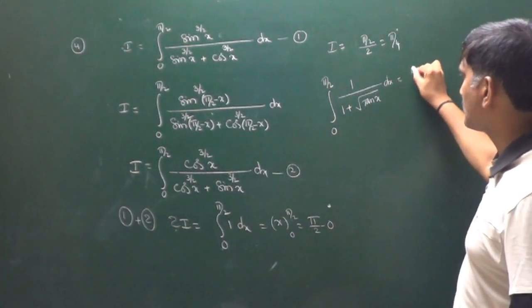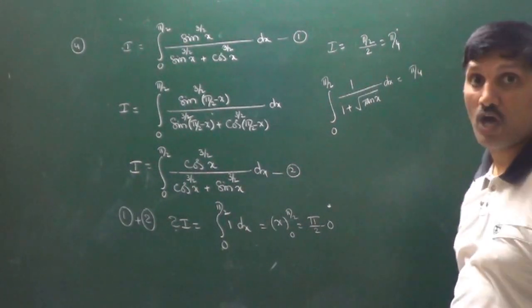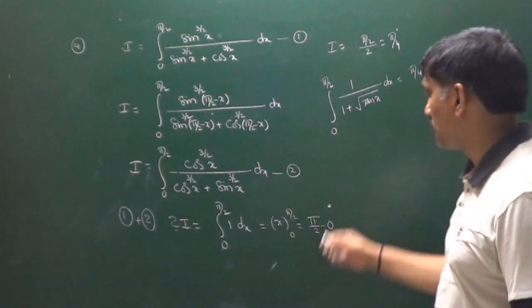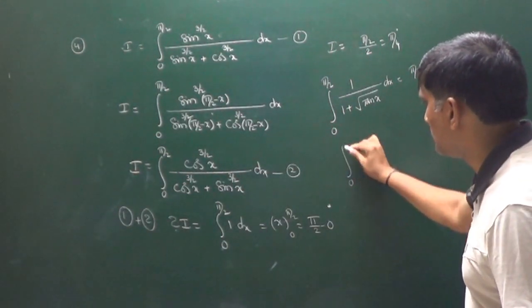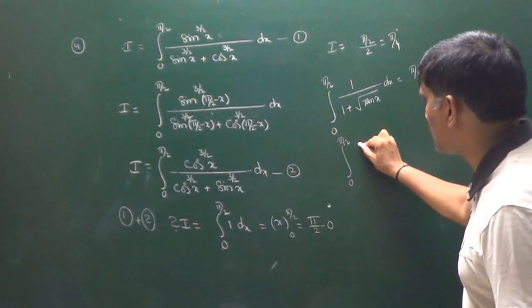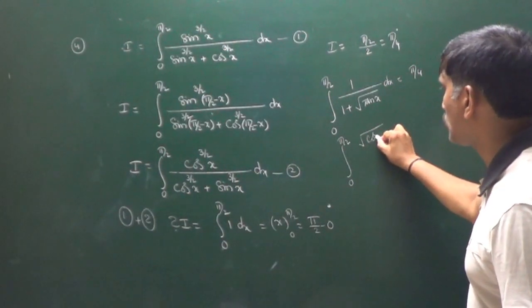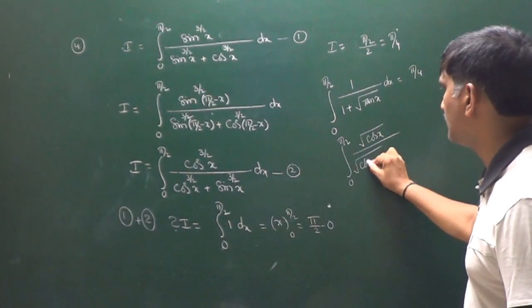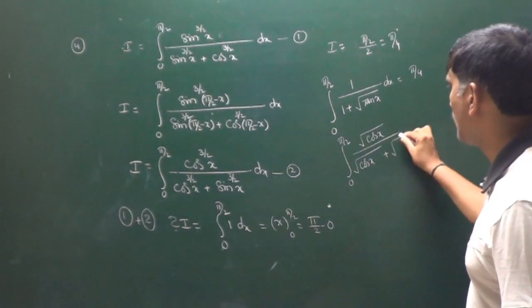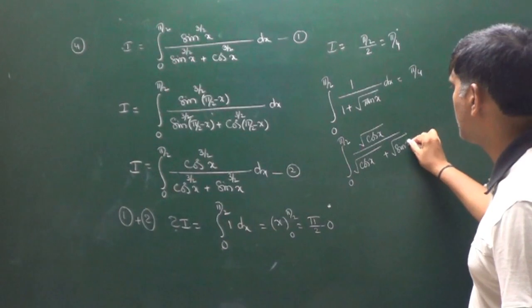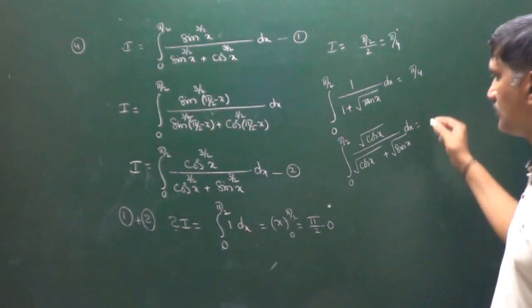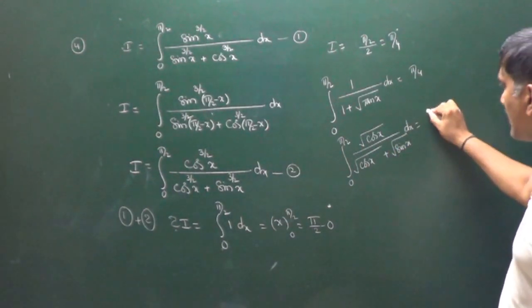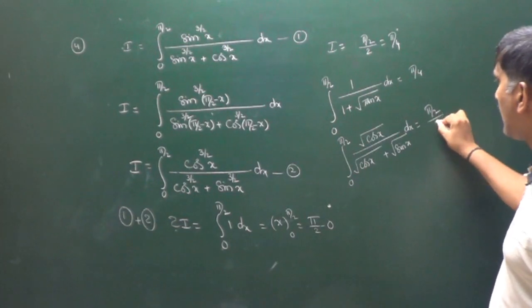Now I can write the answer for this question as pi by 4, upper limit divided by 2. The reason is that we can write this as root of cos x divided by (root of cos x plus root of sin x) dx. Same, we can write the answer as upper limit divided by 2.